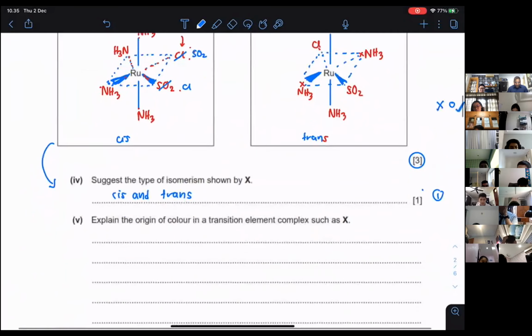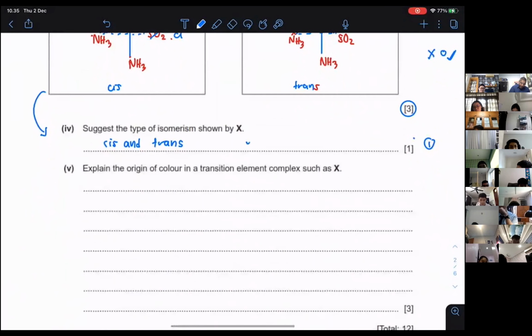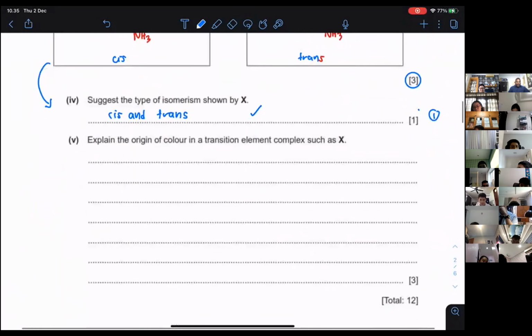Now, here, suggest the type is done. Explain the origin of color in a transition element complex. So if you want to explain the color, do remember this is going to be a complex.